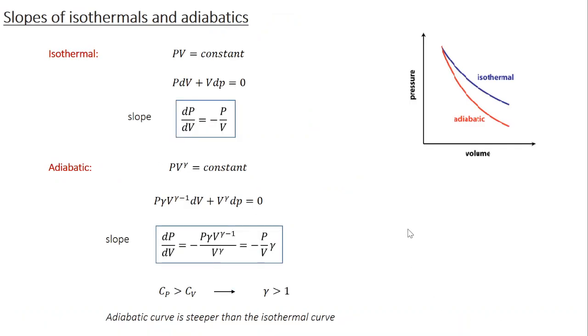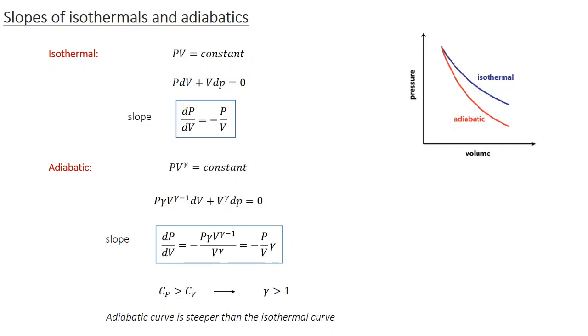Before winding up, in the last class or in one of the previous classes, when we discussed isothermal and adiabatic processes in the context of the indicator diagram, we saw that both of them follow a similar shape, but the adiabatic curve is steeper compared to the isothermal curve.